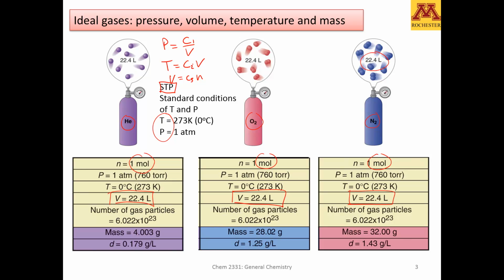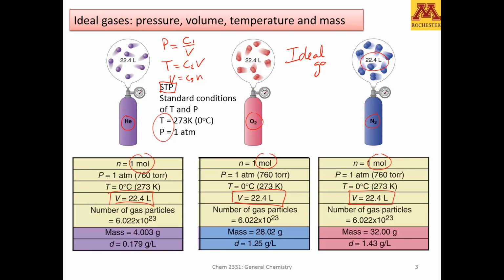Not only helium, oxygen, and nitrogen, but you could say the same for hydrogen and argon. Simple, small gases show very similar behavior regardless of the specific compound these gases are. This is what we call ideal gases.